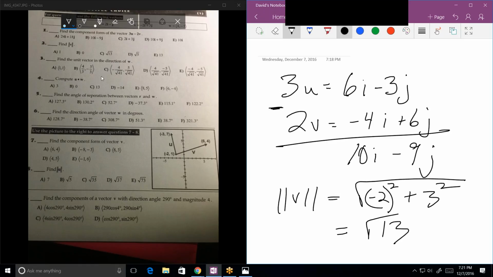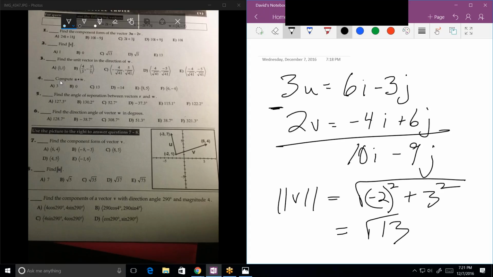Number 3, find the unit vector in the direction of W. Oh man, these are so tough. I'm not sure I know. This to me is the most complicated part of vectors. Oh, I think I know how to do it. Well, in the direction of W, yeah, this is where you do, hold on.